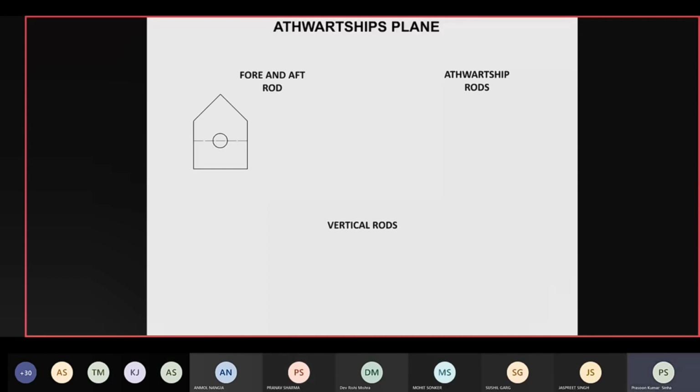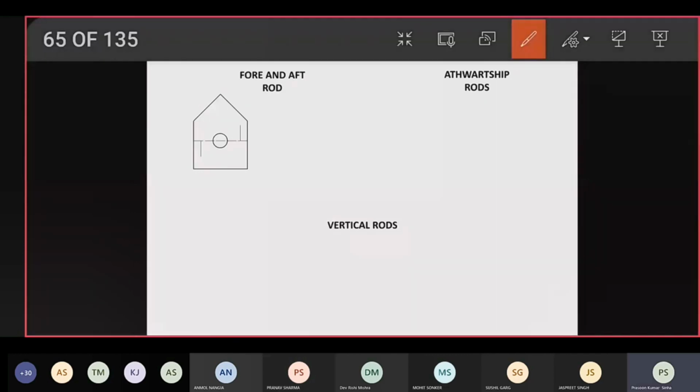in the athwartship plane. So there can be rod like this and can be rod like this. Now you would have understood by now that this should be positive and positive. On the other side, it should be negative and negative. Tell me why.